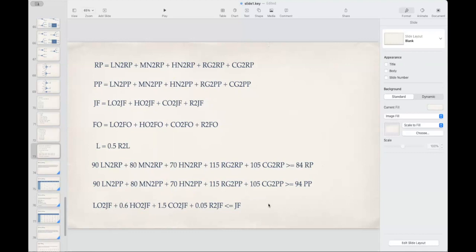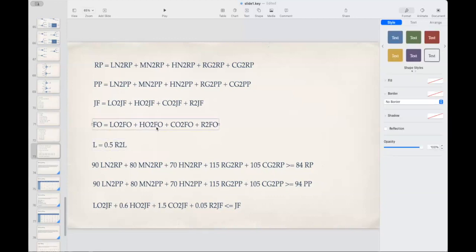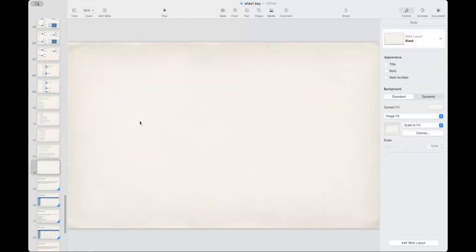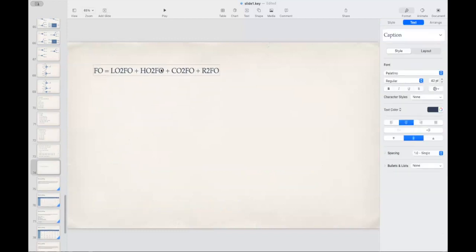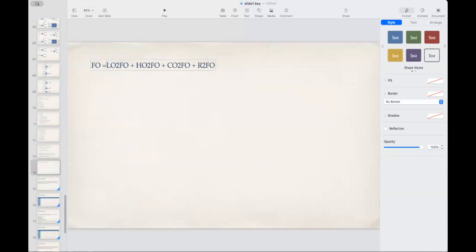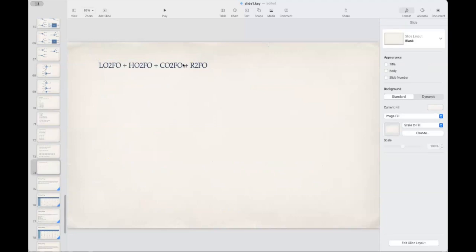Good. And the next one is, yeah, the ratio to blend for blending the fuel oil. What is the ratio? 10 to 4, 3, 1, right? Okay. So if we compare this with, just one moment, I have to copy this first.